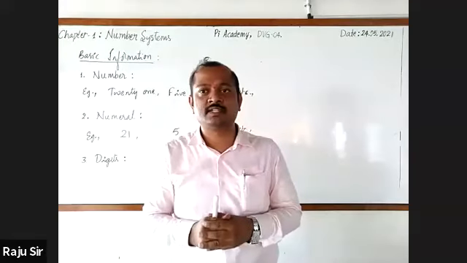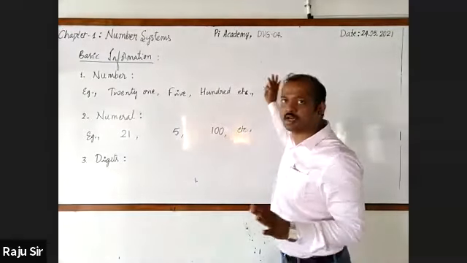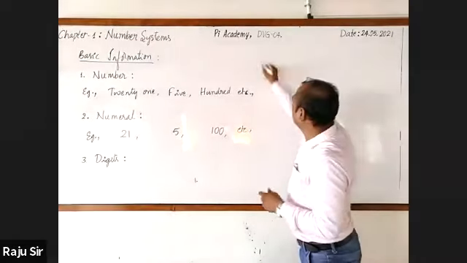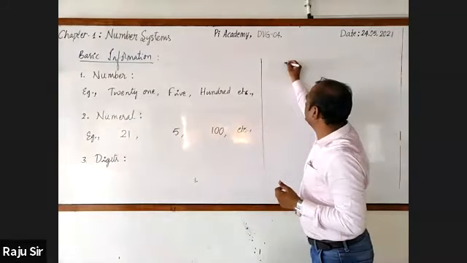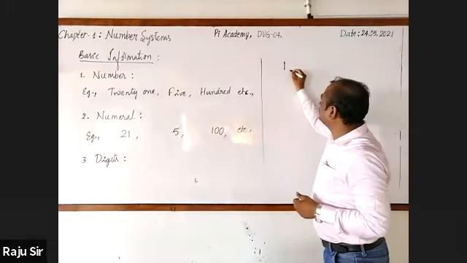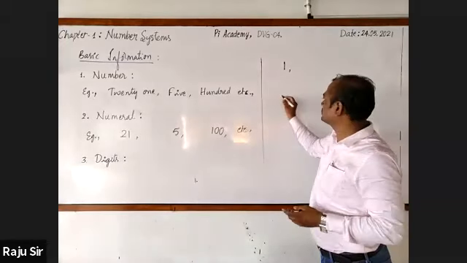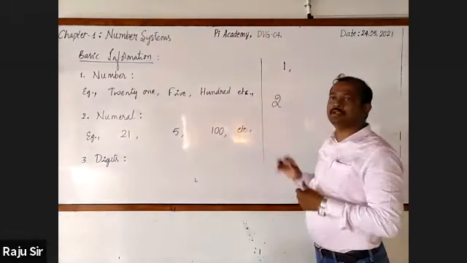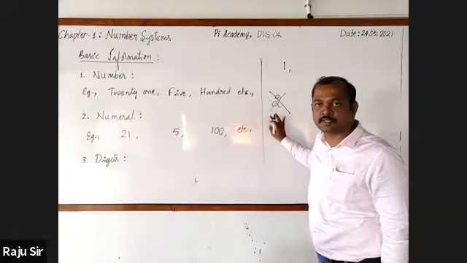But we have internationally accepted symbols to represent the digits. Now, I'm going to give them. Don't write anything. Just observe the board. Here, the way we have to write 1 is like this. This is 1, and this is the internationally accepted symbol. And 2: you might have noticed that some students will write 2 in this way. It is wrong. It is not the internationally accepted symbol.